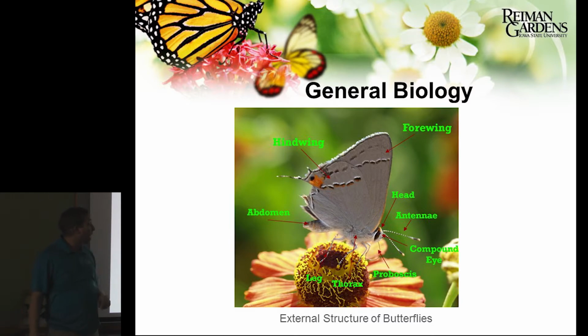Our butterflies have compound eyes, and they feed with a proboscis. The proboscis is essentially 2 hydraulic tubes that are kind of zippered together, and they feed up that space in the middle. And then they have their 6 legs, if you can see all 6 legs, and we'll talk about that in a minute. So those are the main parts of a butterfly's body.